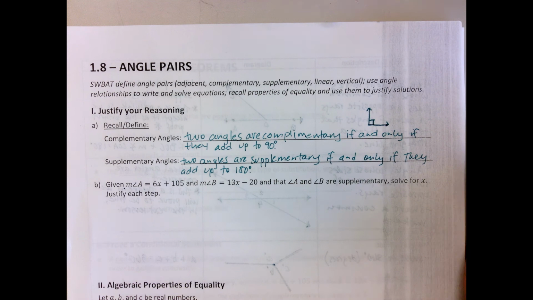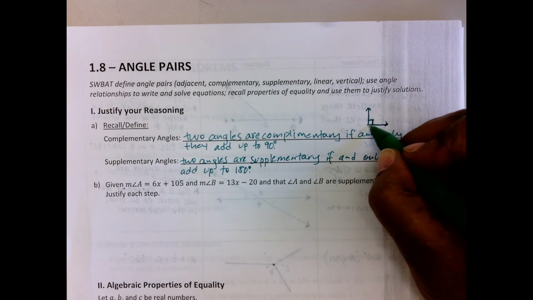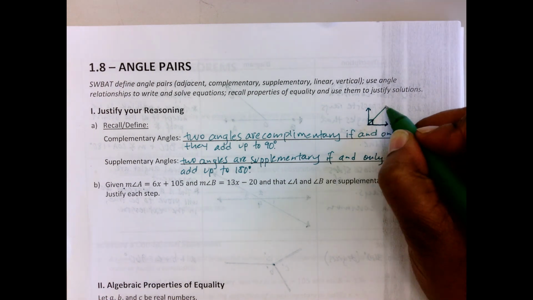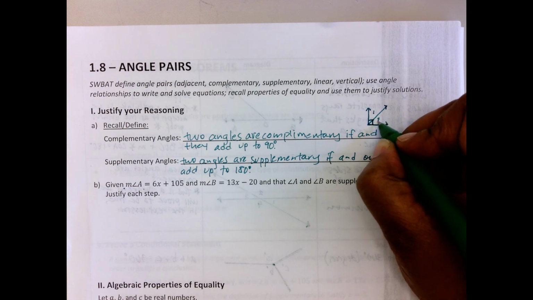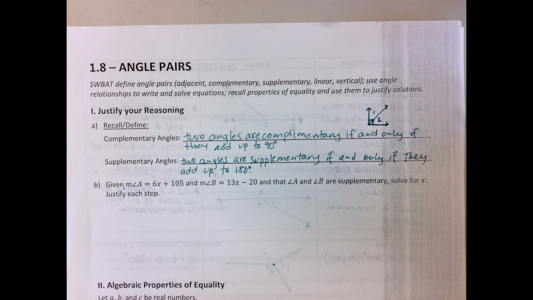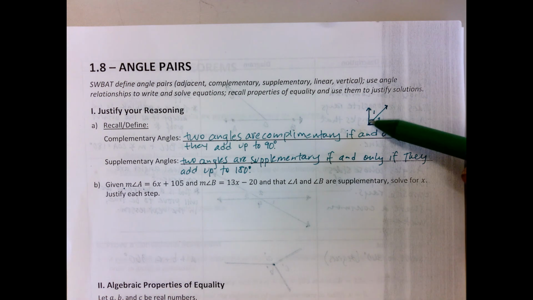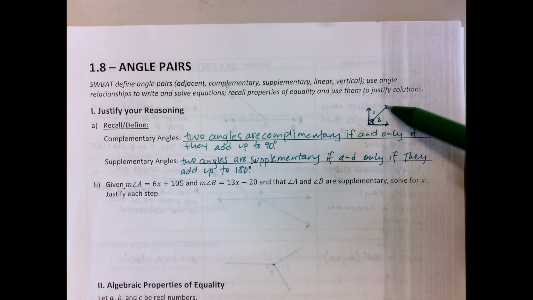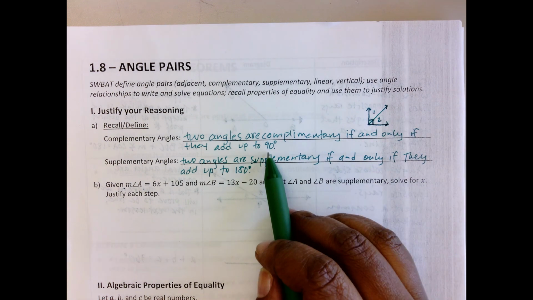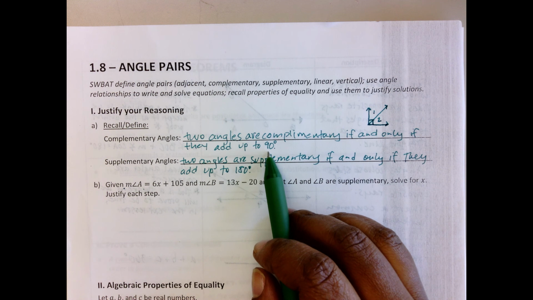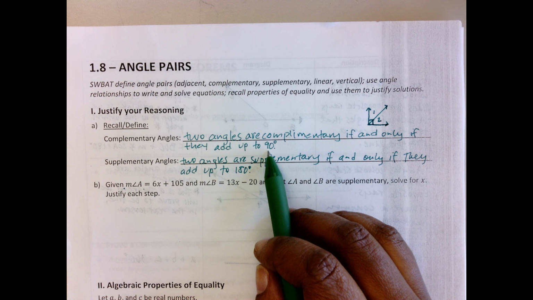What would make this complementary is if there were two angles in one. So angle 1 would be complementary to angle 2. Meaning if I add up this angle here and this angle here, 1 and 2, it would give me a 90-degree angle. Okay? So keep in mind, complementary: two angles that add up to 90 degrees.